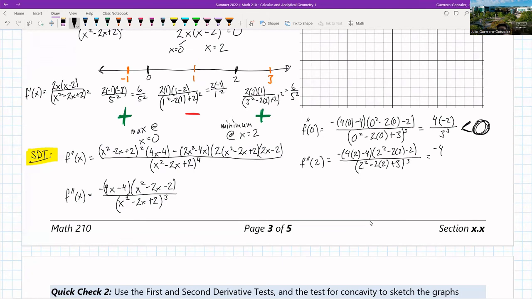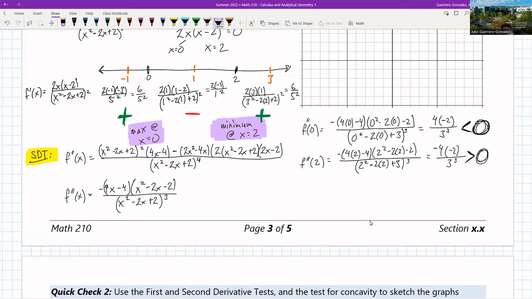This is going to be 0 minus 2, so it's going to be minus 2, all over 3 cubed. And this is bigger than 0. So remember how second derivative tests worked. Bigger than 0 means you have a minimum. So that sort of verified these two facts right here. We already had them, but it gives us that information again, right?